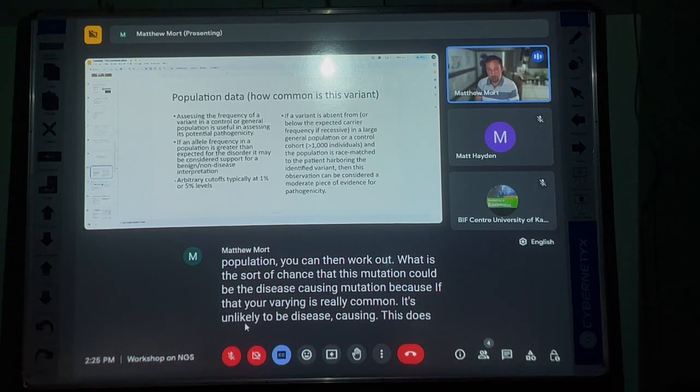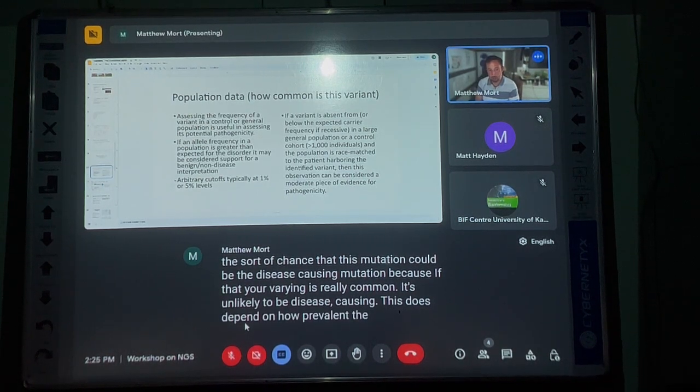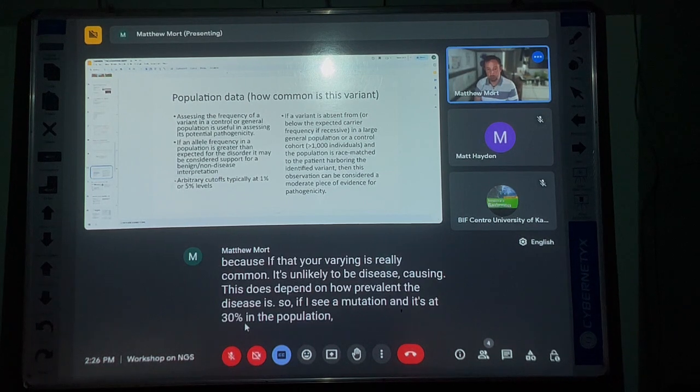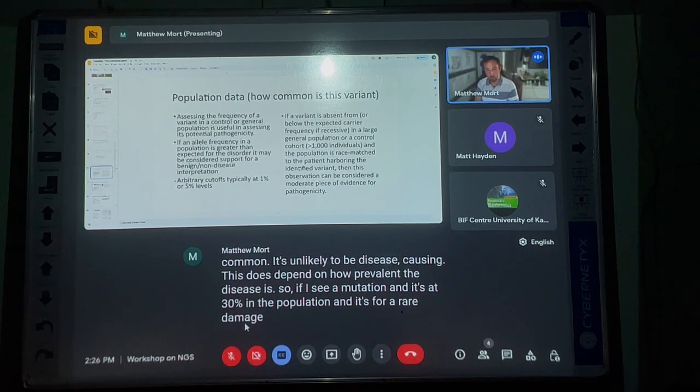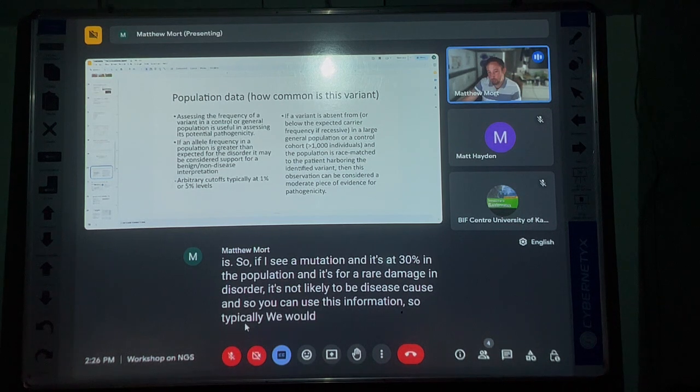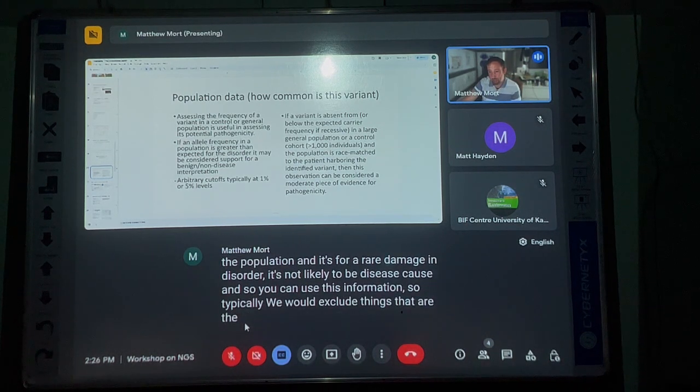This does depend on how prevalent the disease is. So if I see a mutation at 30% in a population, and it's for a rare damaging disorder, it's not likely to be disease-causing. So we can use this information. Typically, we would exclude things that are at the 1% level. I'm looking for rare variants.